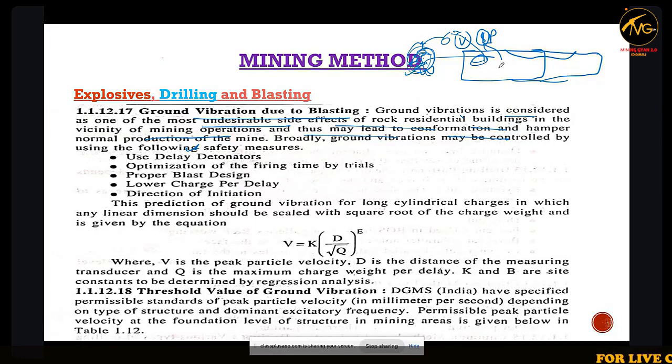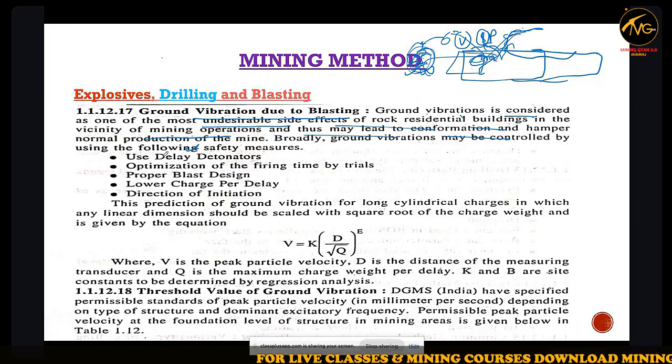If the vibration is more, it is like an earthquake, so your strata can fall, many times the overburden falls down and your machine and manpower get buried under it. So what are the safety measures?